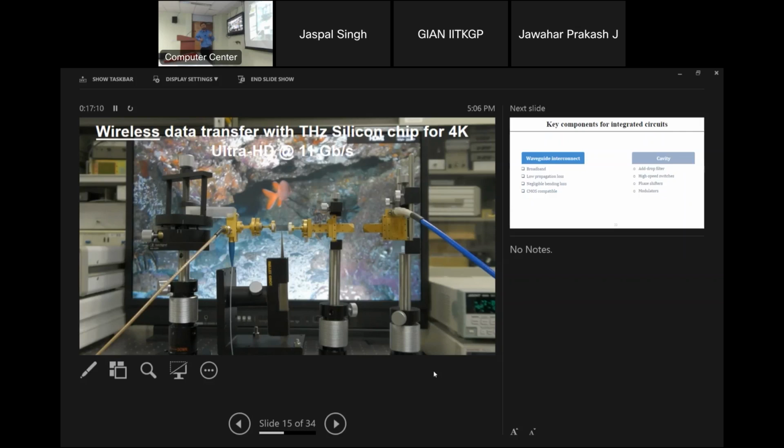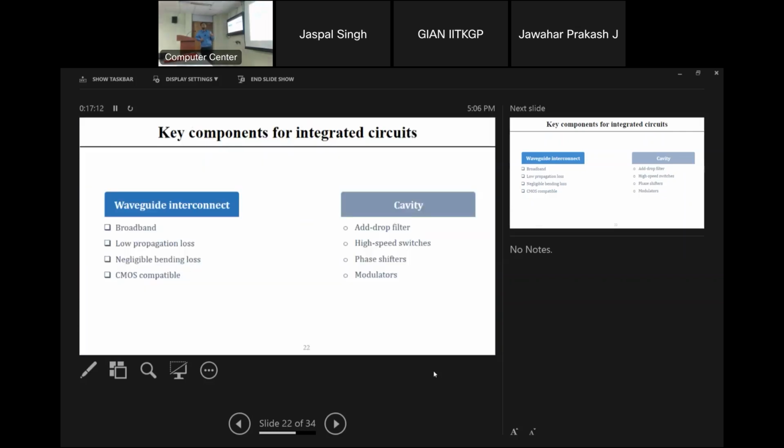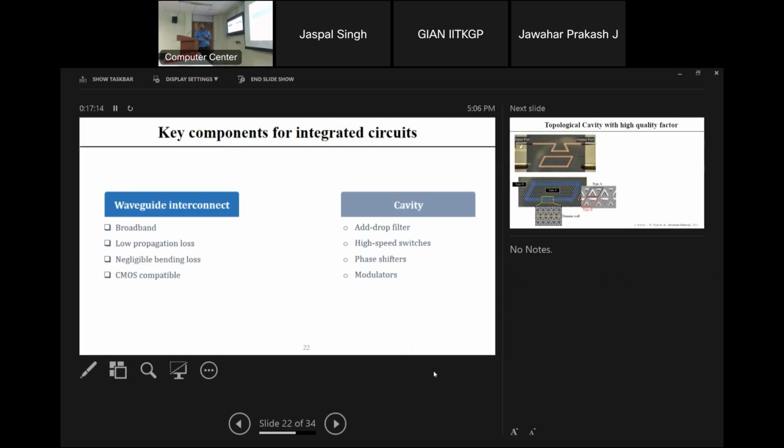That bandwidth engineering I will skip now because I have to talk about another functionality, which is the cavity. So far we have seen that only waves are transporting. So far so good. But we want other functionality, because an integrated circuit does not mean the wave only has to transport from one place to another place. For example, our phone has 4G and 5G both.